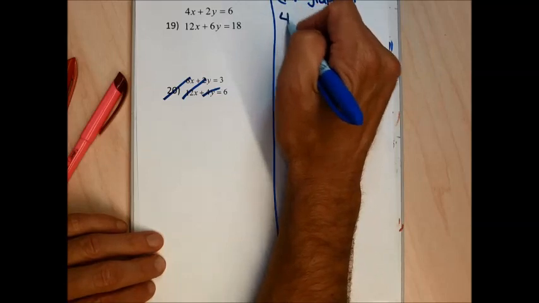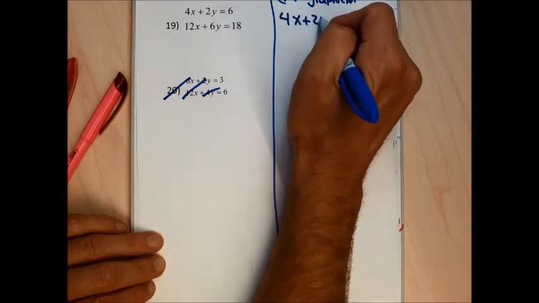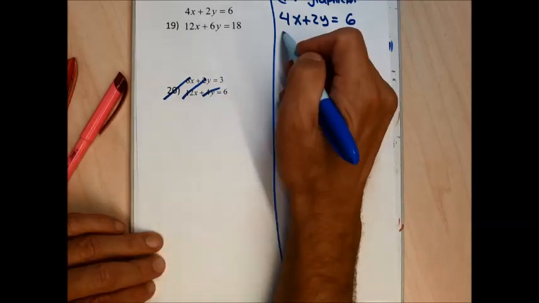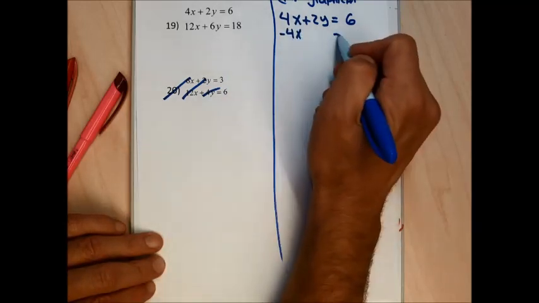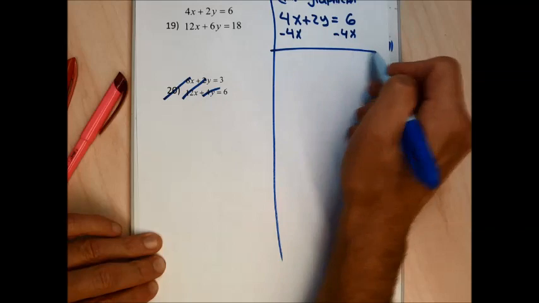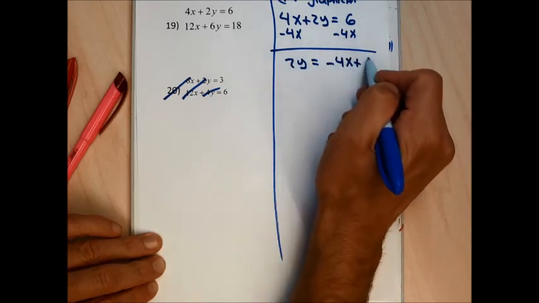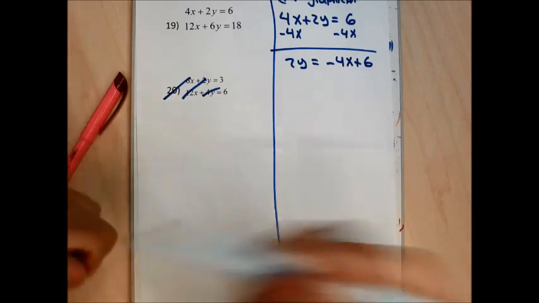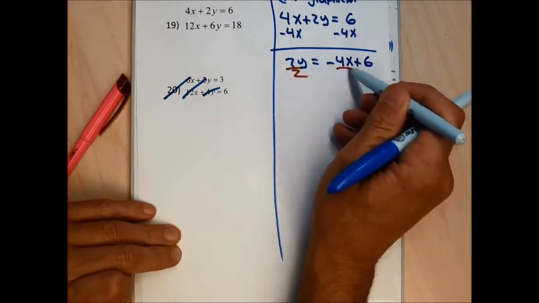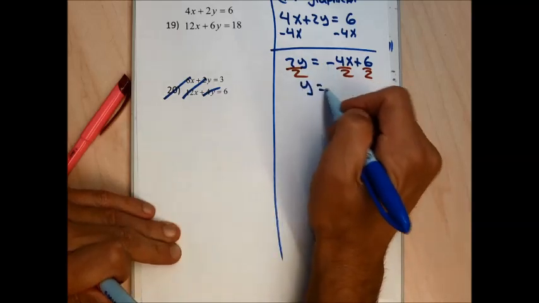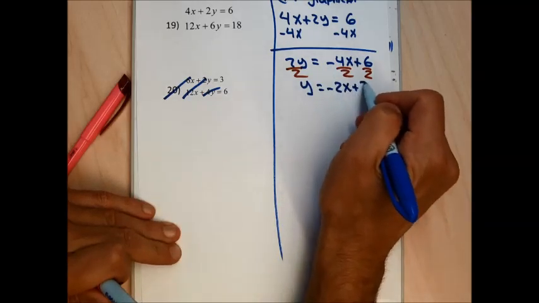So to do it graphically, I need to take each equation and solve them for y. Top equation, I'm going to solve for y by subtracting 4x from both sides. That's going to give me 2y equals minus 4x plus 6. And then I'll divide by 2 and get y equals negative 2x plus 3.